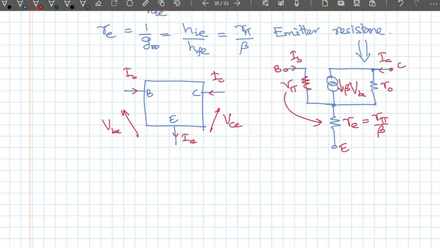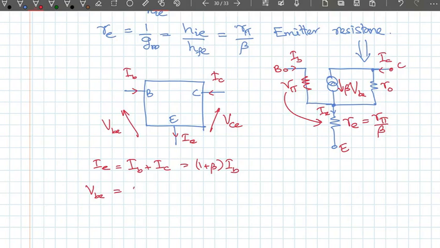So if you write the voltage VBE in the previous case, it should be equal to IB times, so IE is equal to IB plus IC. Now the new current is IE, so this is 1 plus beta times IB, which is very close to IB times beta when beta is big, right?